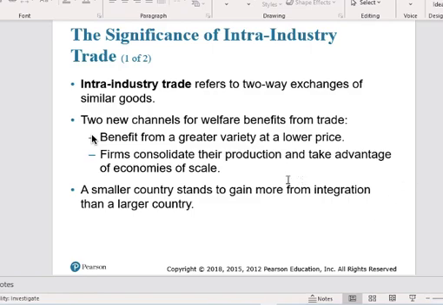Let's go through these definitions first. Intra-industry trade refers to two-way exchanges of similar goods. The two new channels for welfare benefit from trade are greater variety and lower prices. We went through our numerical example: the home country and foreign country both manufacture automobiles and trade, and they can still benefit from each other.